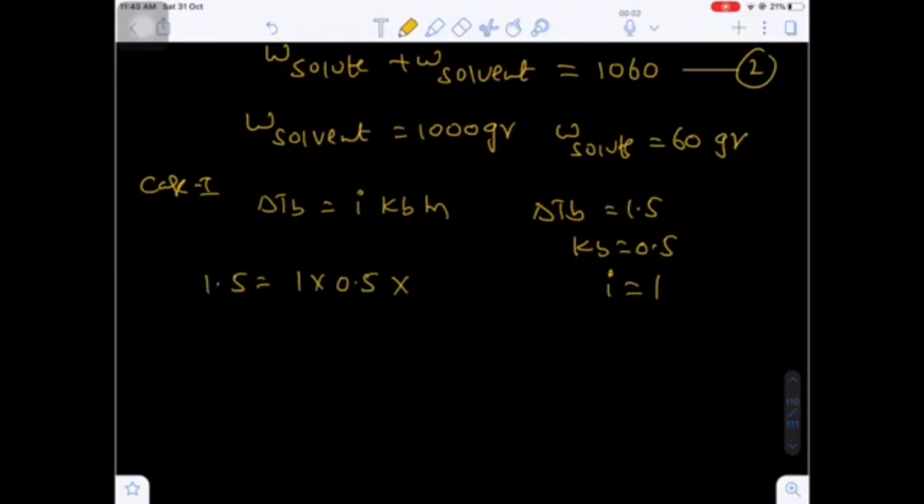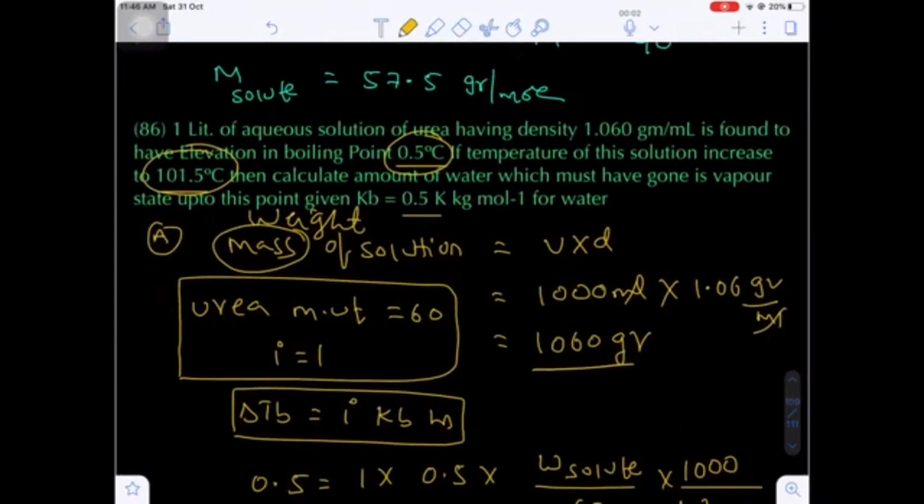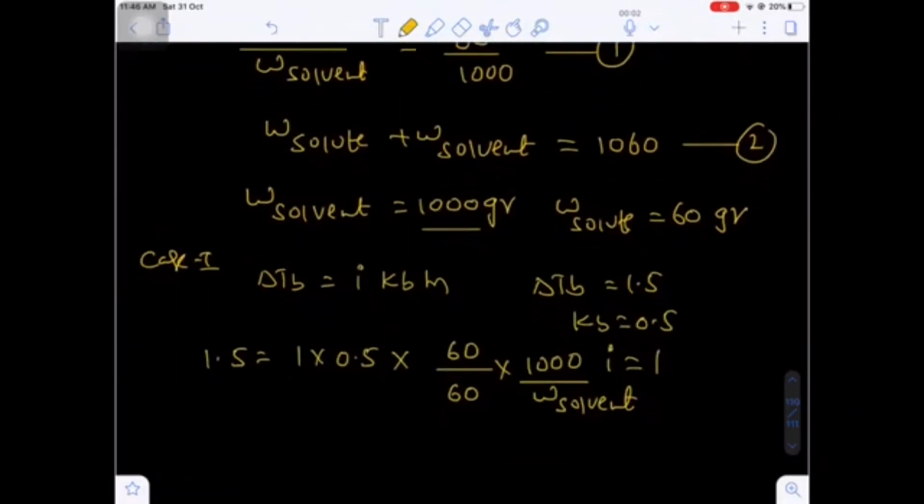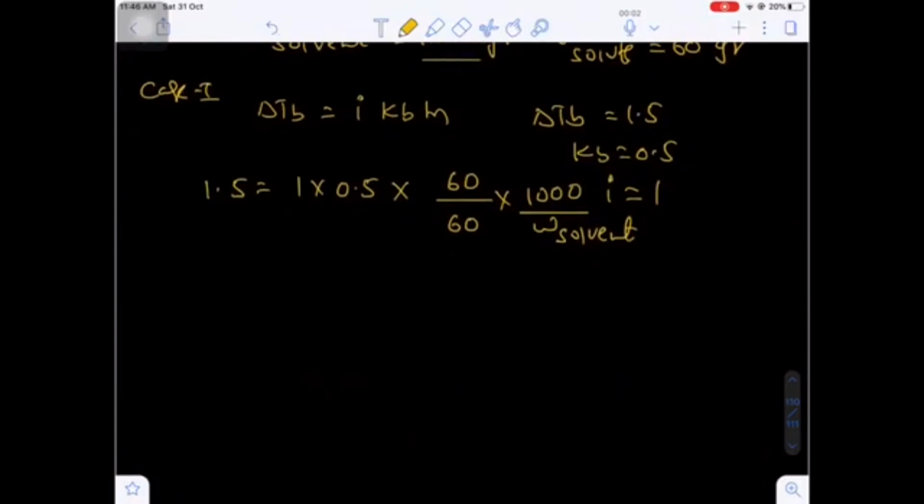Now molality: the weight of solute will be the same, 60 grams, and the molecular weight of solute is also 60, and into 1000 by, now I am trying to calculate the weight of solvent. Actually the initial weight of solvent will be 1000 grams, but when the temperature changes from 100.5 degrees to 101.5 degrees, some amount of water will undergo vaporization and the remaining water will be present in the liquid state.